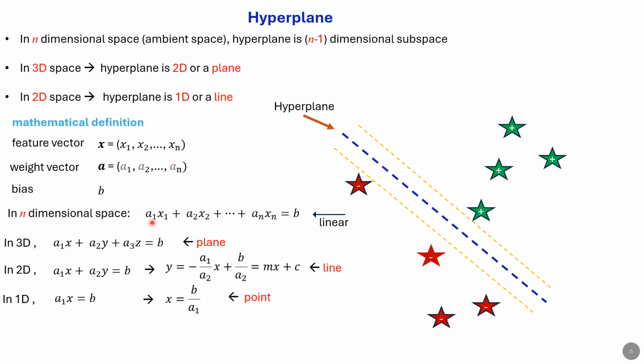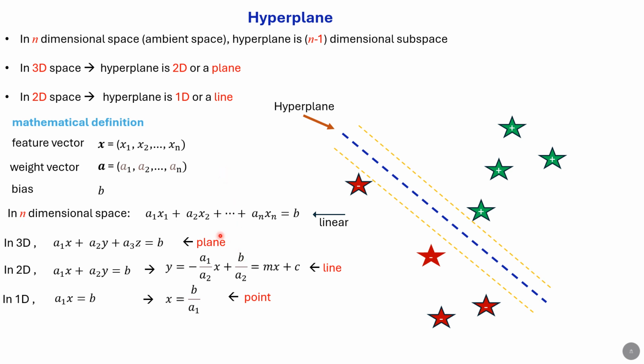It is a1x1 plus a2x2 up to anxn equals b. Here, x is the feature vector and a is the weight vector. They have the same dimensions. And b is the bias term.